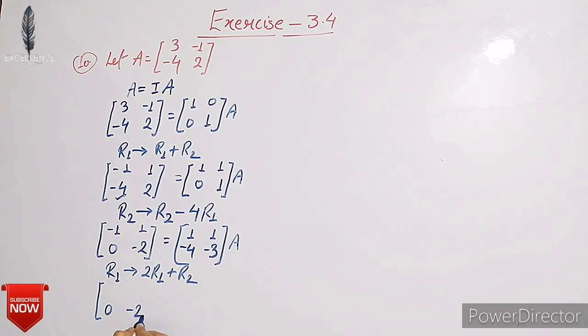So we get R2 is same 0 minus 2 and R1 becomes minus 2 and it is 0. And here R2 is same and R1 becomes minus 2 and it is minus 1 A.